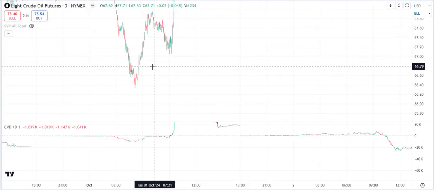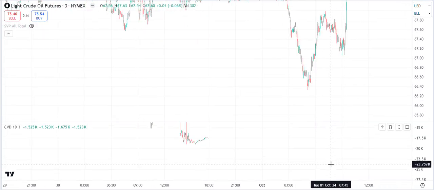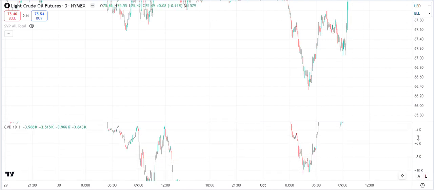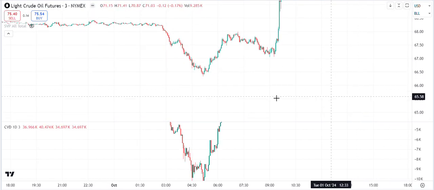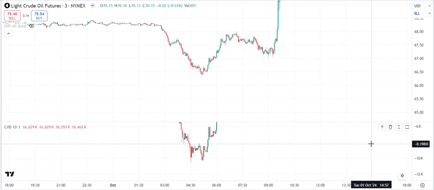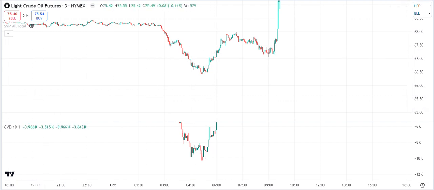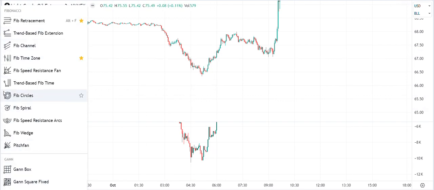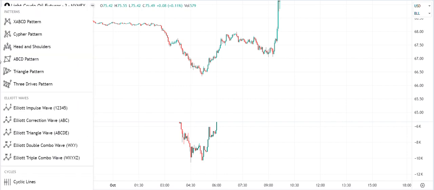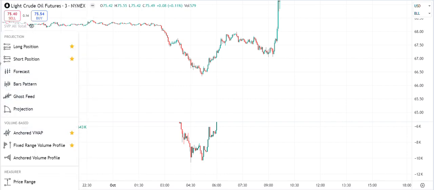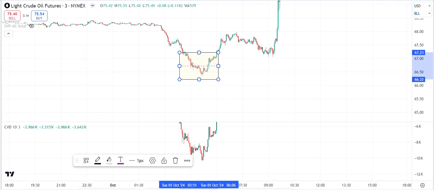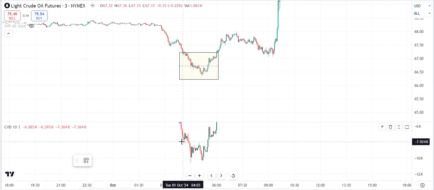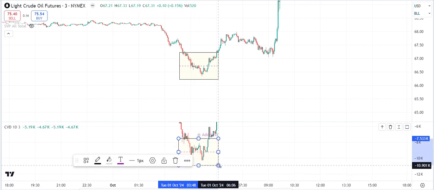So we look at the low of the day, and you'll see it quite easily here. If you want to buy in this area, this is all on crude, and this is just a random example that I'm taking. Where are my favorites? There we go. So we're looking at this area, which is the same as this area on CVD.